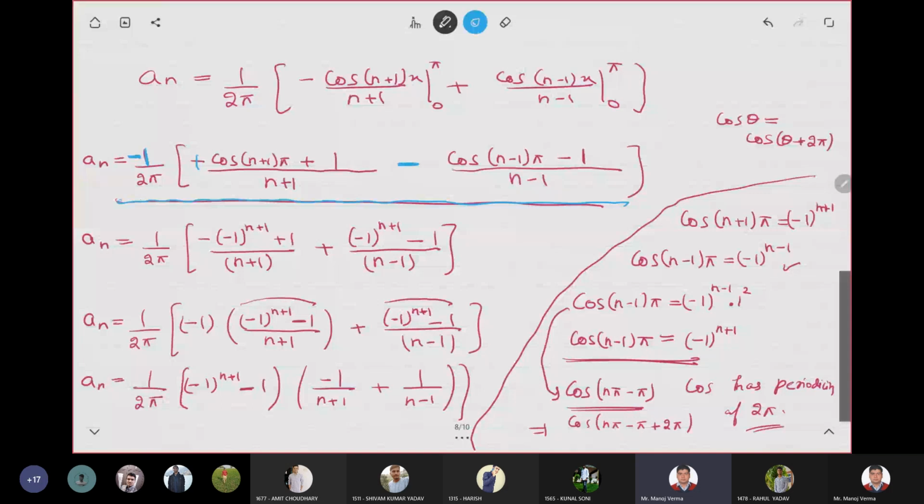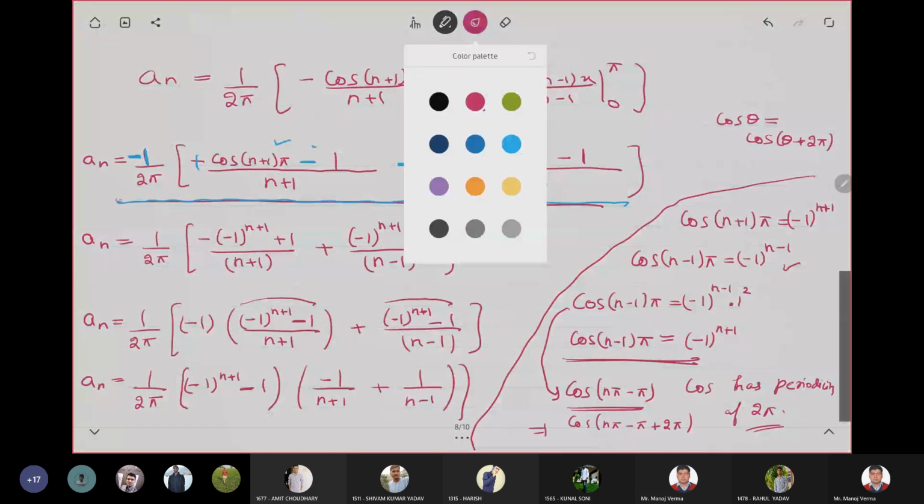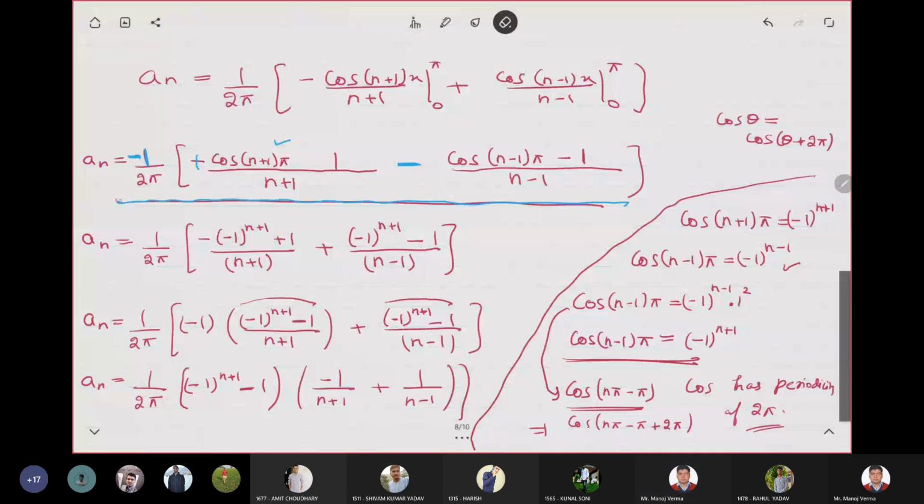Now, if I take minus outside, then it will be cos n plus 1 pi minus cos 0. This will become minus now. And for this negative, for a whole this thing, cos n minus 1 minus 1. This one is fine. Now I have taken a negative outside. Now it will be correct.